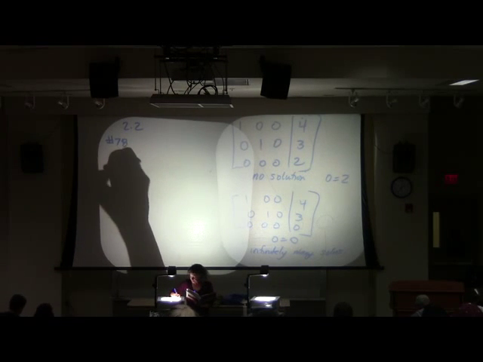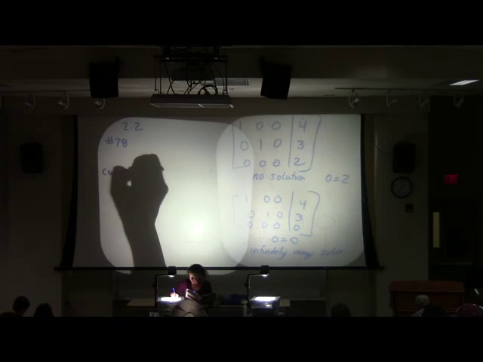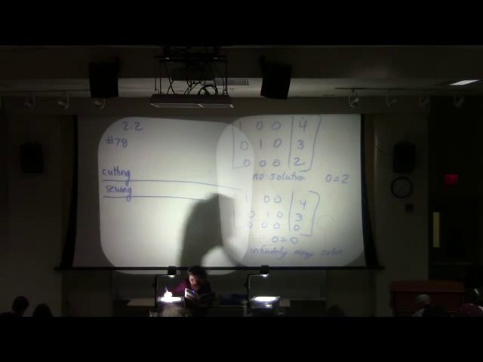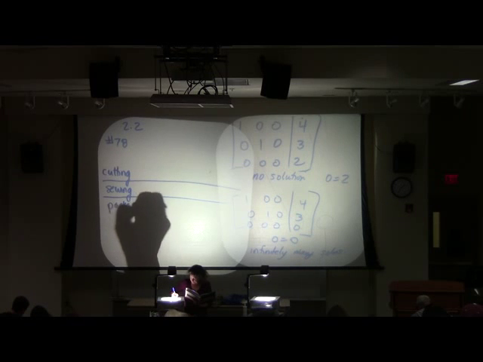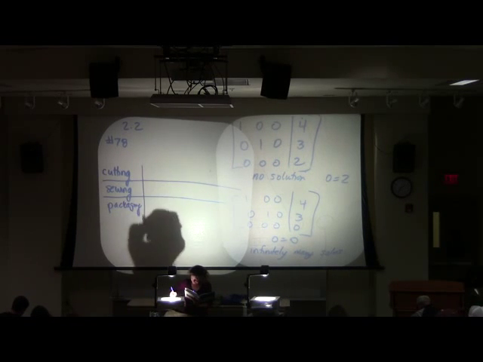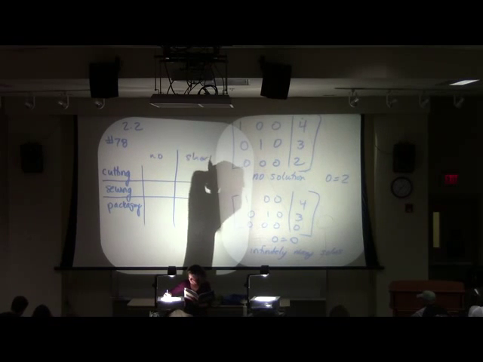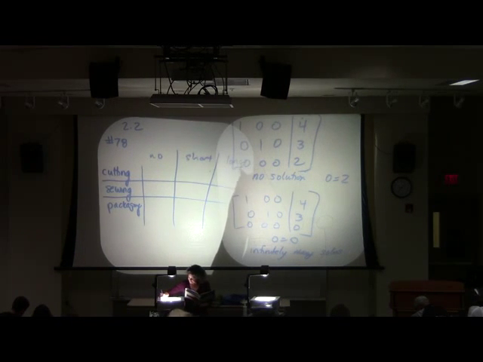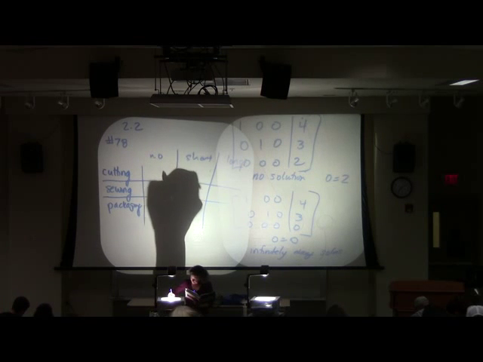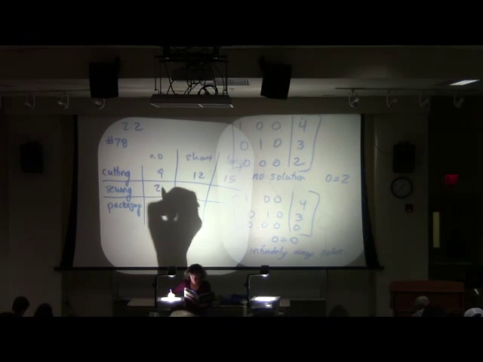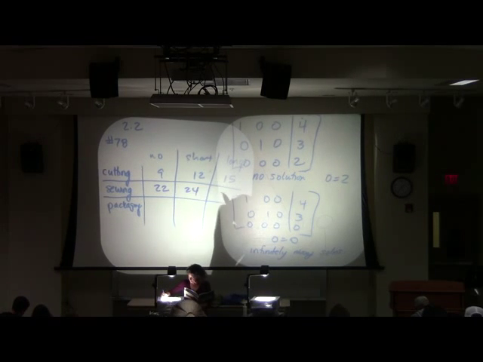Here's our table. So we have 3 departments: a cutting department, a sewing department, and a packaging department. And we have sleeveless, short sleeve, and long sleeve. And here are our values. Again, this is in your book, but I don't assume everybody brings their book.